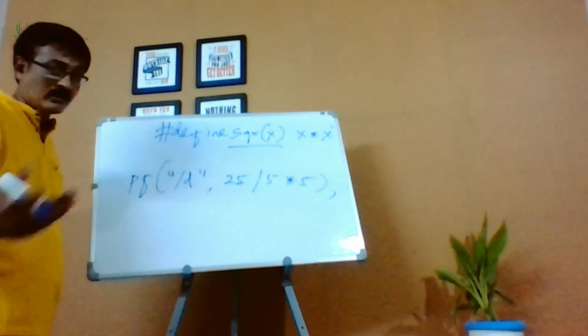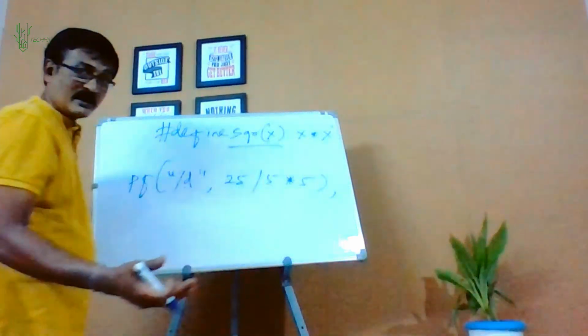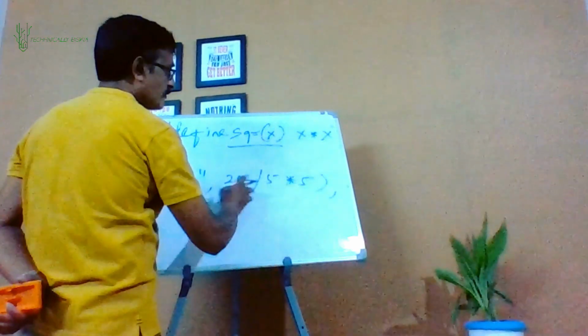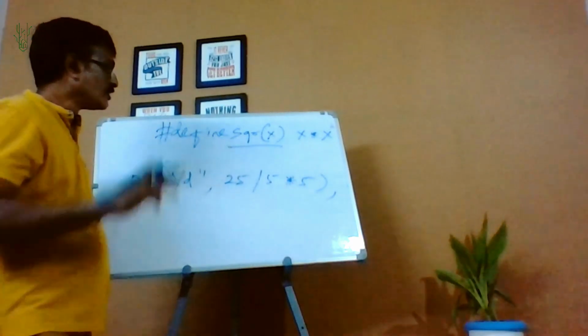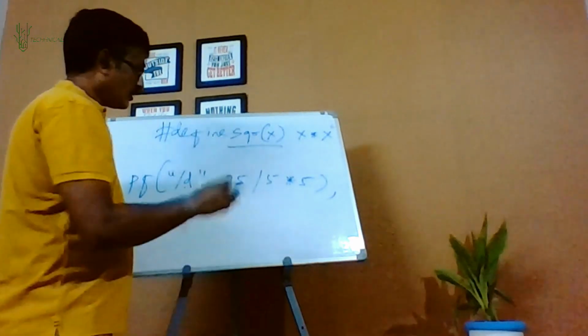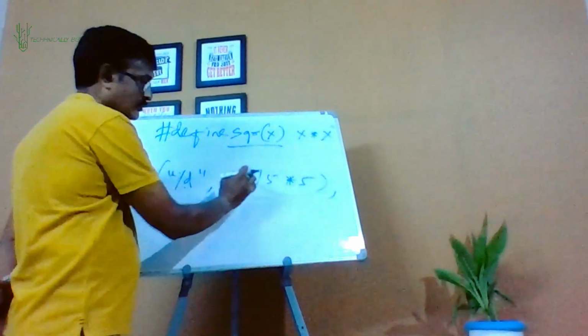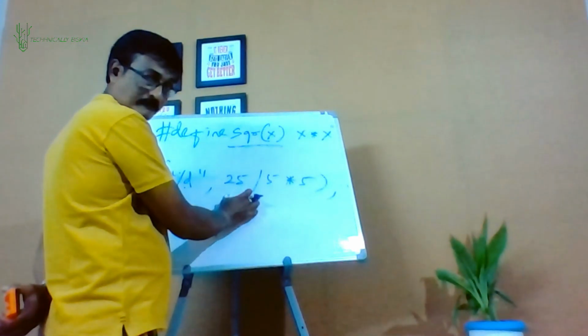Now read this. We all know, according to operator precedence rules, multiplication and division both have equal priority. Left to right, whatever comes first will be processed first. What comes first here? Division. So 25 divided by 5 will happen. You get 5.